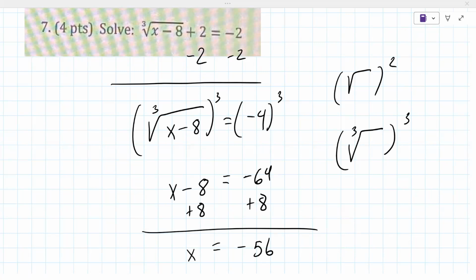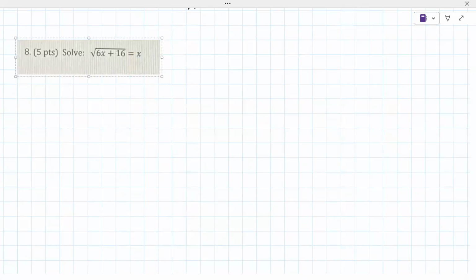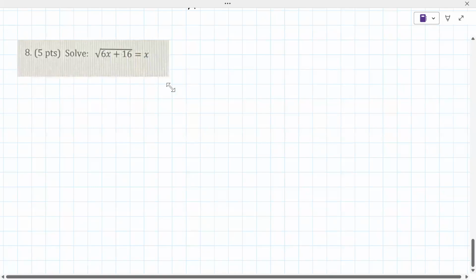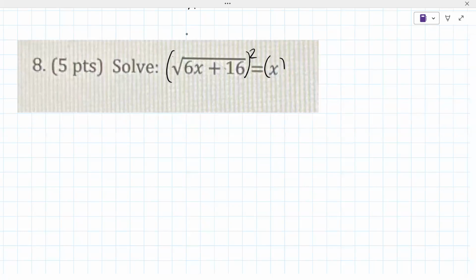All right, so next one. Okay, here we go. To solve this, you undo a square root with a square. You're going to square both sides. On the left, it's 6x plus 16. On the right, it's x squared.